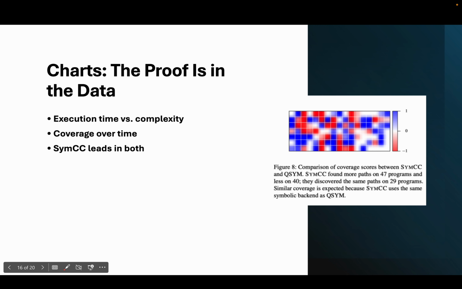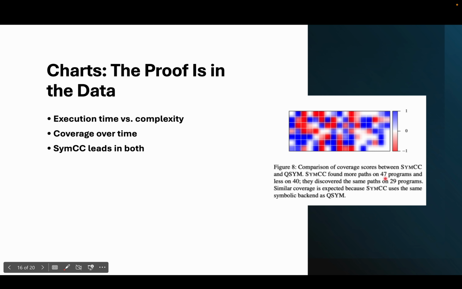So let's dive into more visual data. Typically we look at two main plots. Previously we have seen the SymCC versus KLEE comparison, where SymCC had higher and better coverage than KLEE. While comparing with QSYM, you could see the red and blue grids are roughly the same.